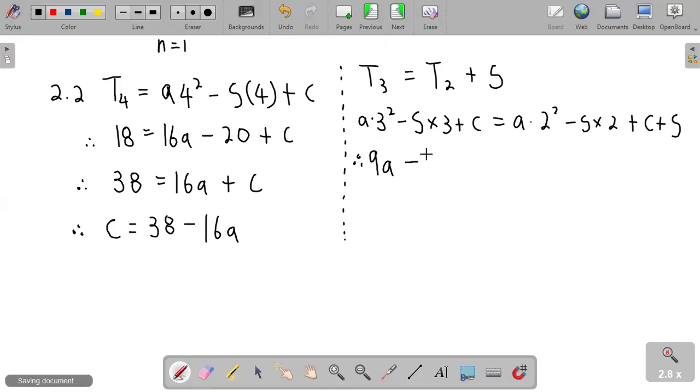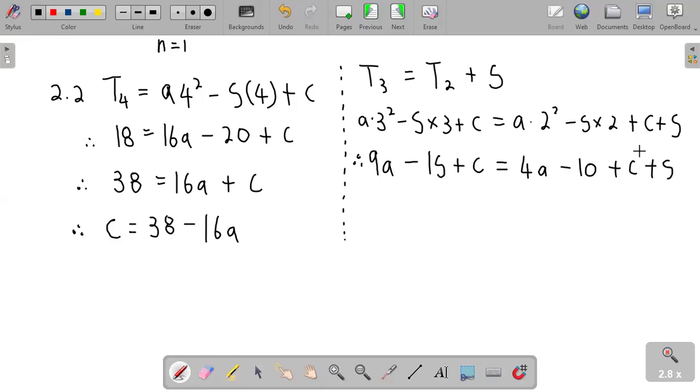So it's going to be 9a minus 15 plus c equals 4a minus 10 plus c plus 5.